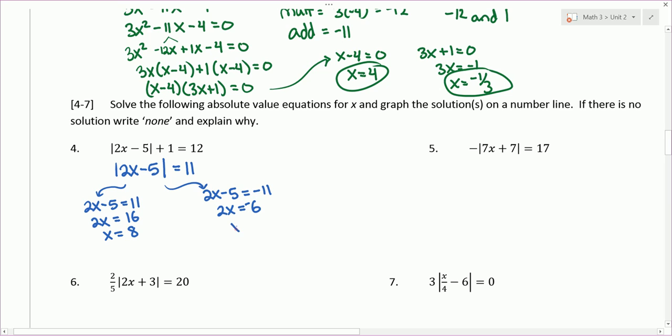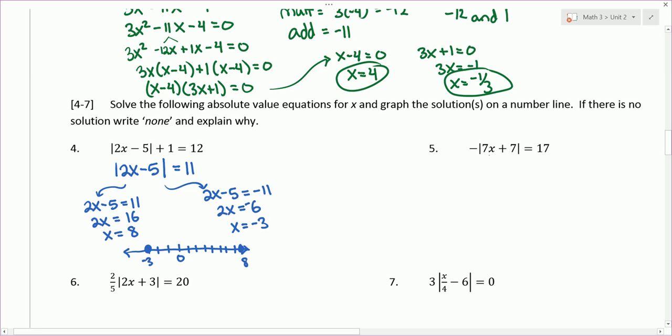And then divide by 2 and get negative 3. When you graph the solution on the number line, you draw a number line, locate 8 and negative 3, and just put a solid point at those two spots.